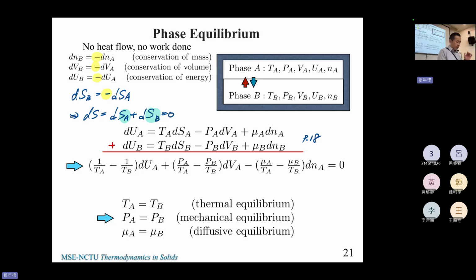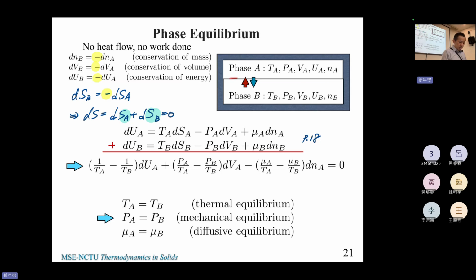We just talked about a material in a closed system, but there's an interface between the two phases, and no heat flow, no work done. So it's just put there, let it reach its own equilibrium state. Okay, so across that boundary, it must obey conservation of mass, conservation of volume and energy, because no mass, no energy, no volume changed in this entire material.